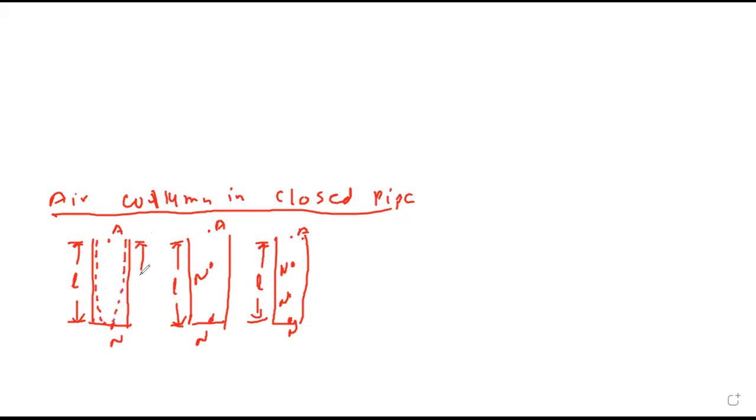This distance is lambda 1 by 4. This will become lambda 2 by 4, lambda 2 by 2. So lambda 3 by 4, lambda 3 by 2, lambda.